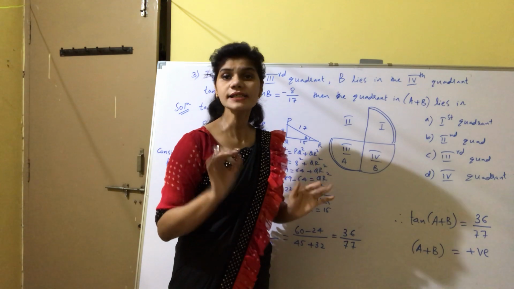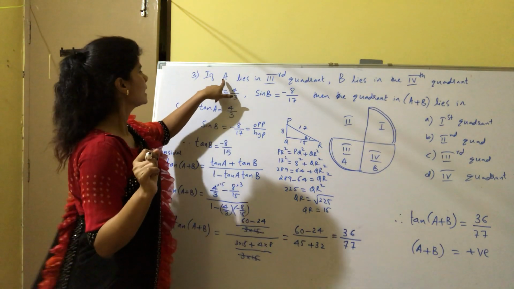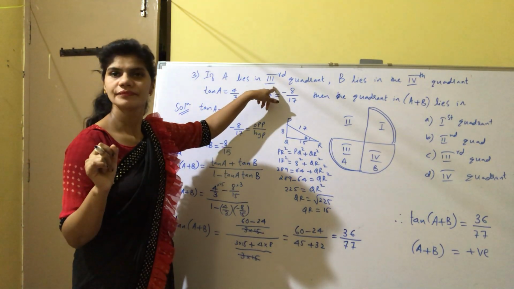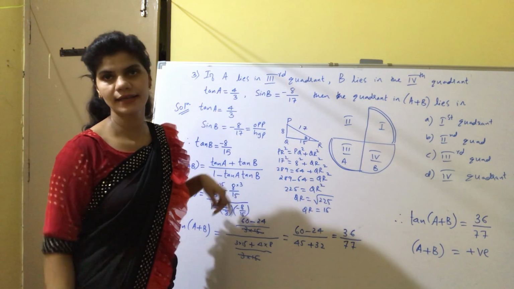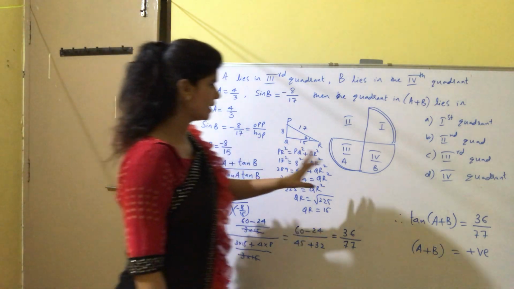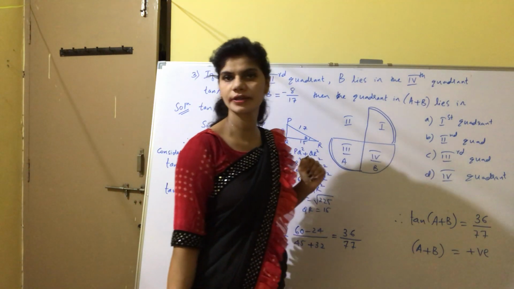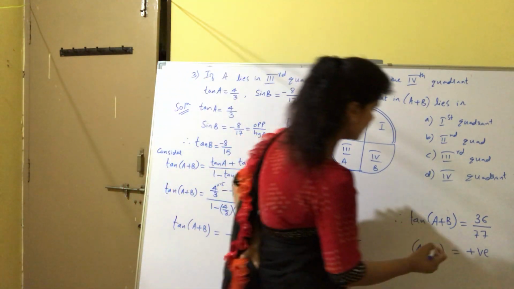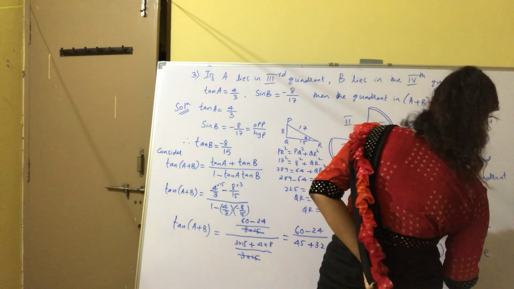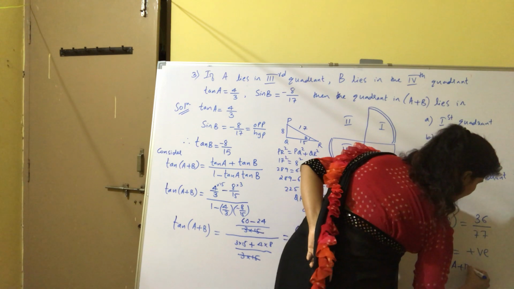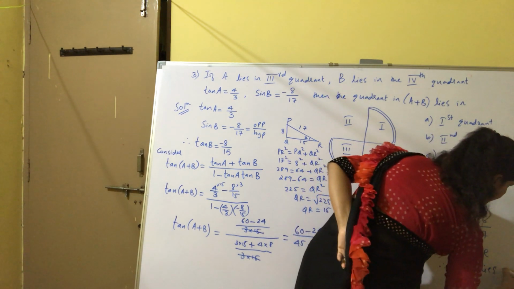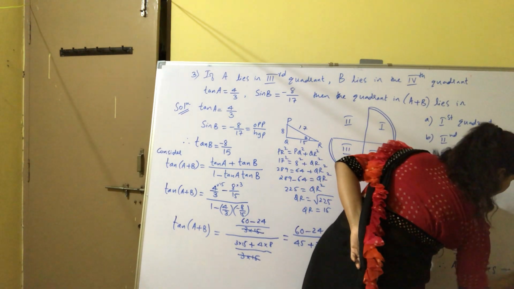We can't say first quadrant because A is already in the third quadrant. A plus B will be more than angle A. So it will lie in the third quadrant. Okay, students? Therefore, since tan of A plus B is positive, angle A plus B lies in which quadrant?